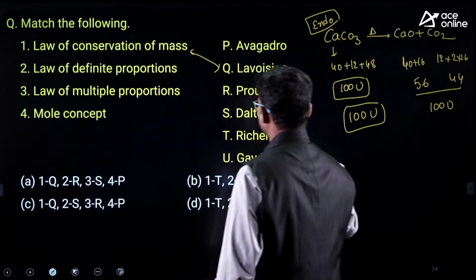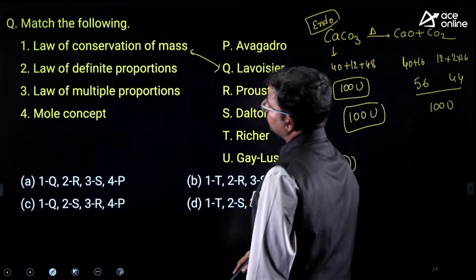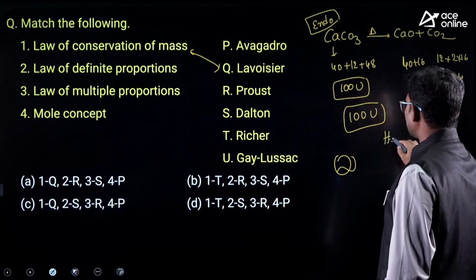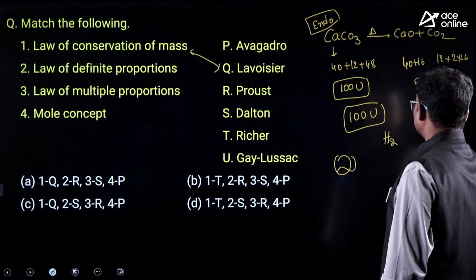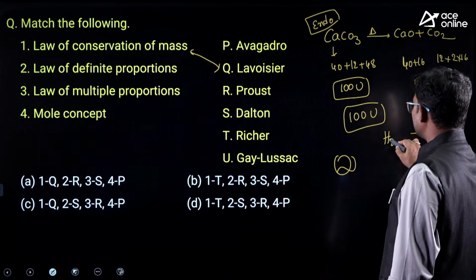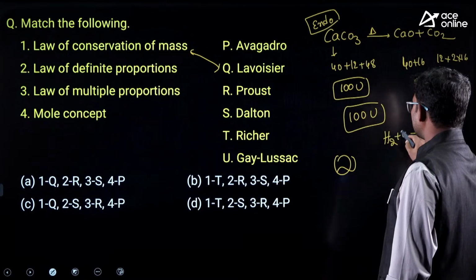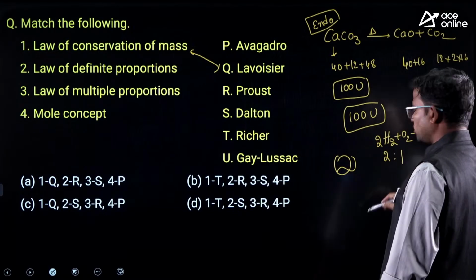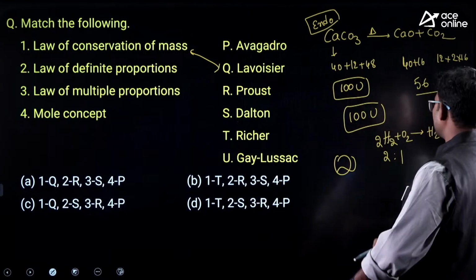Next one, law of definite proportions. If you make a chemical compound like water, what does it need? Mostly hydrogen and oxygen. How many moles of hydrogen does it need? 2. How many moles of oxygen? 1. So 2:1.